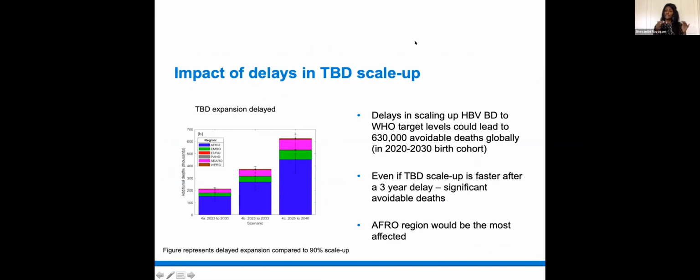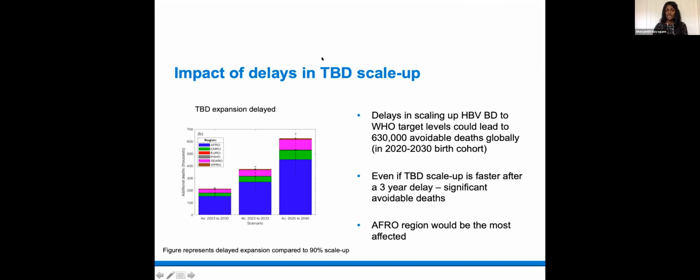Now that was looking at temporary drops in coverage, but what about if birth dose scale up was delayed, which might happen because of other priorities, funding disruptions. So here we're comparing delays to the aspirational 90% scale up.